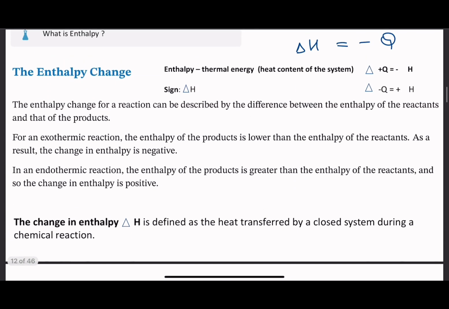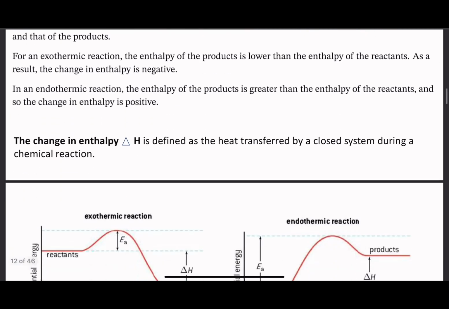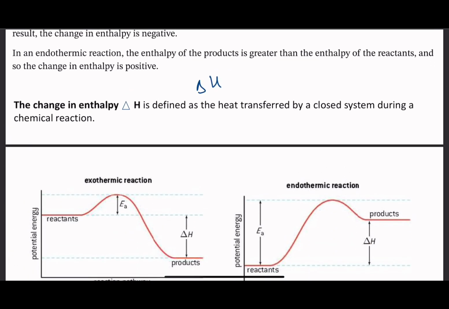Now enthalpy change, you know the equation delta H equals negative Q, which equals negative MC delta T, and delta T means T final minus T initial. You need to know this stuff.